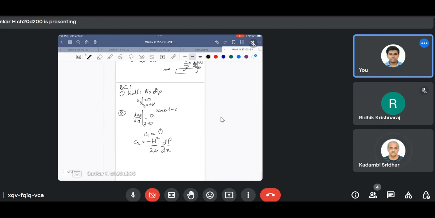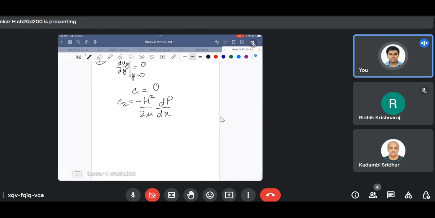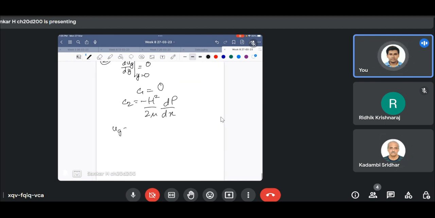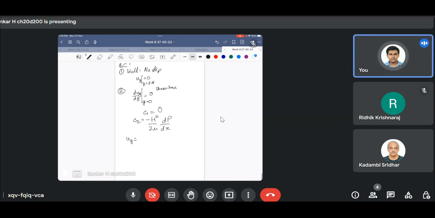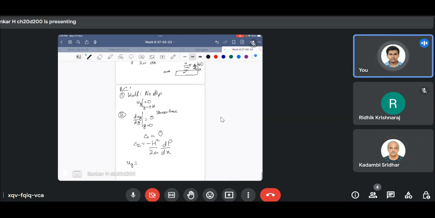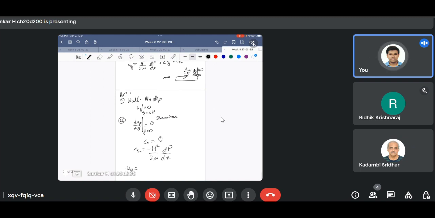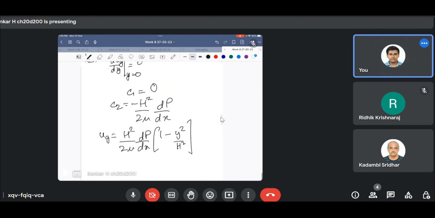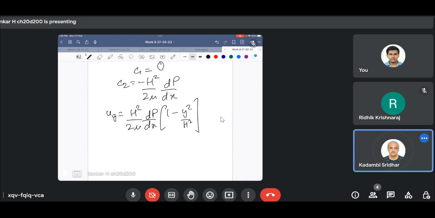Therefore, when I write them together to find the velocity profile, I'll simplify directly and write, please tell me if you are able to follow this: h square by 2 mu dp by dx into 1 minus y square by h square. Please let me know if you are able to get this or not.